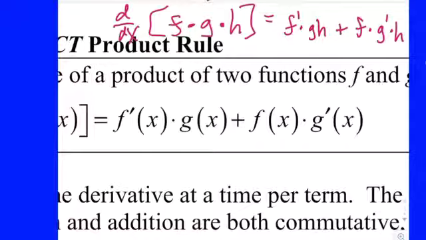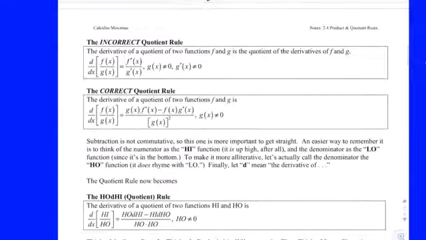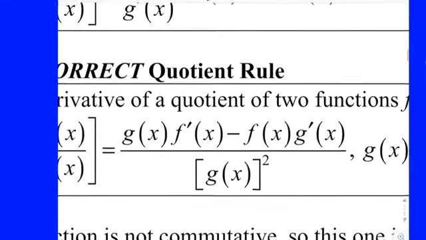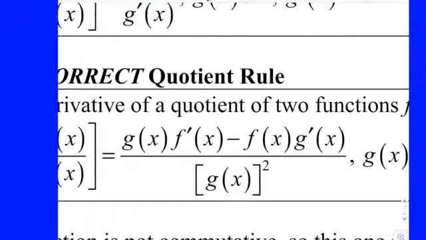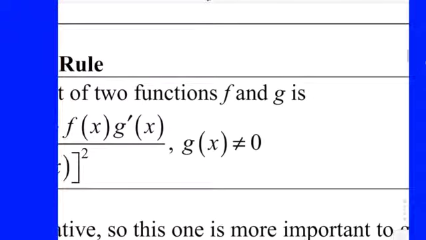Just take the derivative of one and then the other in separate terms, add them together, you're good. I mean, there's a lot of safety built in there. But the quotient rule has subtraction in it. And is subtraction commutative? No. So you got to make sure you do g f prime minus f g prime all over g squared. Of course, where g is not 0.